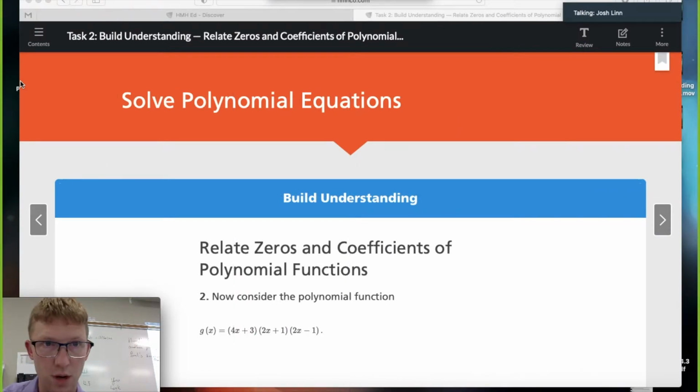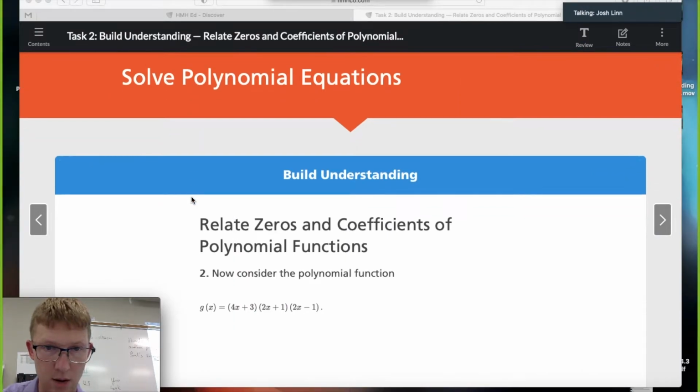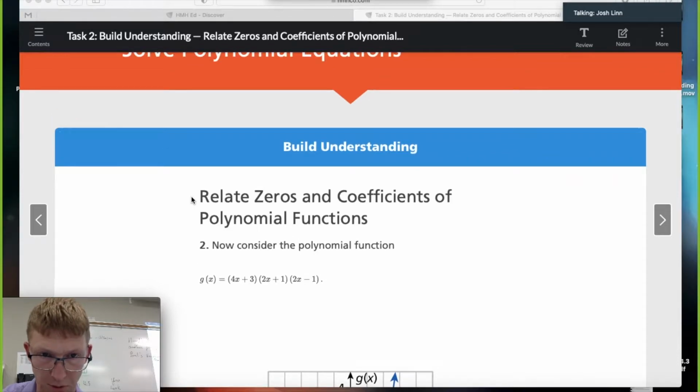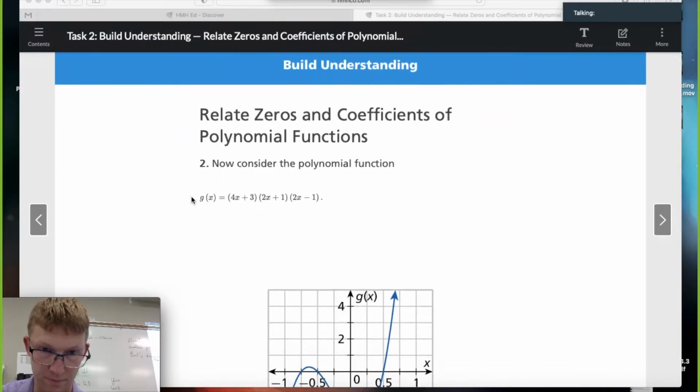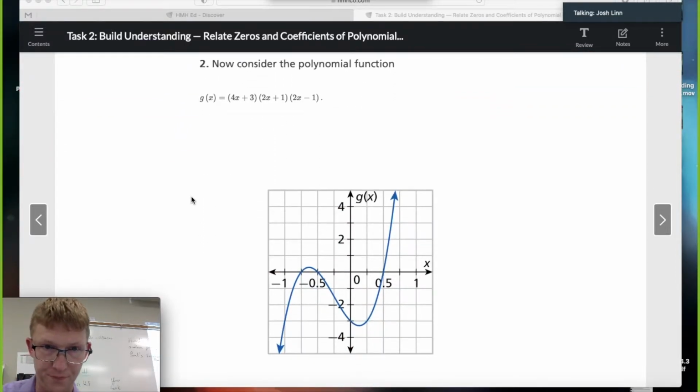All right, so here we go again. Now we just have a different polynomial. So consider the polynomial function that, there's our graph. Note, we have our zeros everywhere where it crosses the x-axis. I'm just going to go ahead and write my zeros up here.